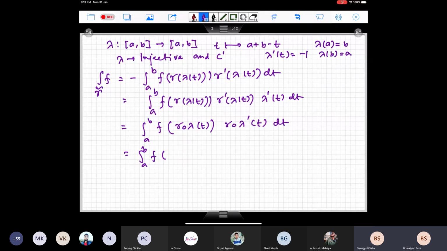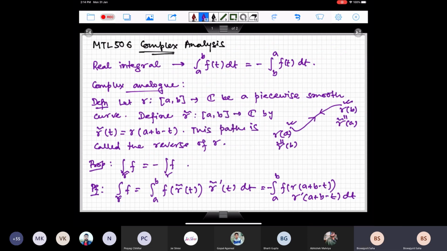So what we can do is write that this integral becomes the integral from b to a of f of gamma t gamma prime t dt, and that is nothing but minus of the integral of f over gamma. Okay, so this is what we get.